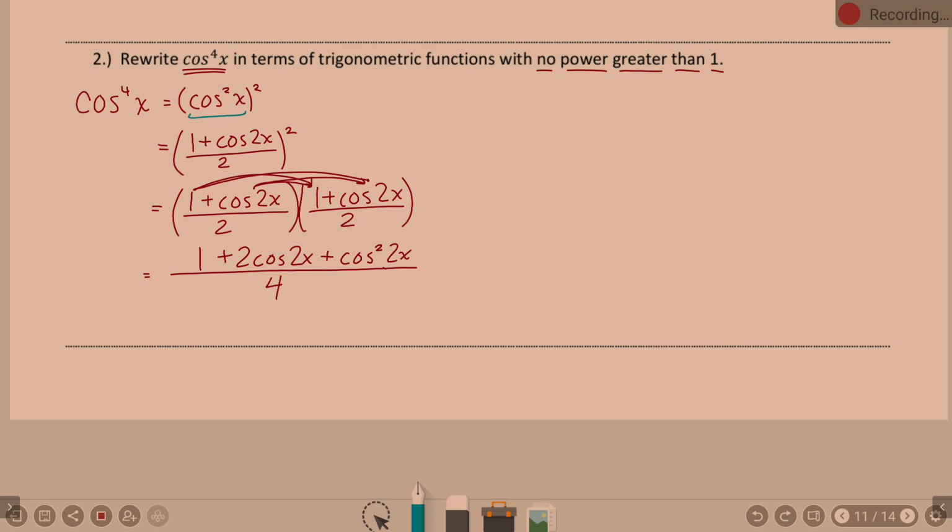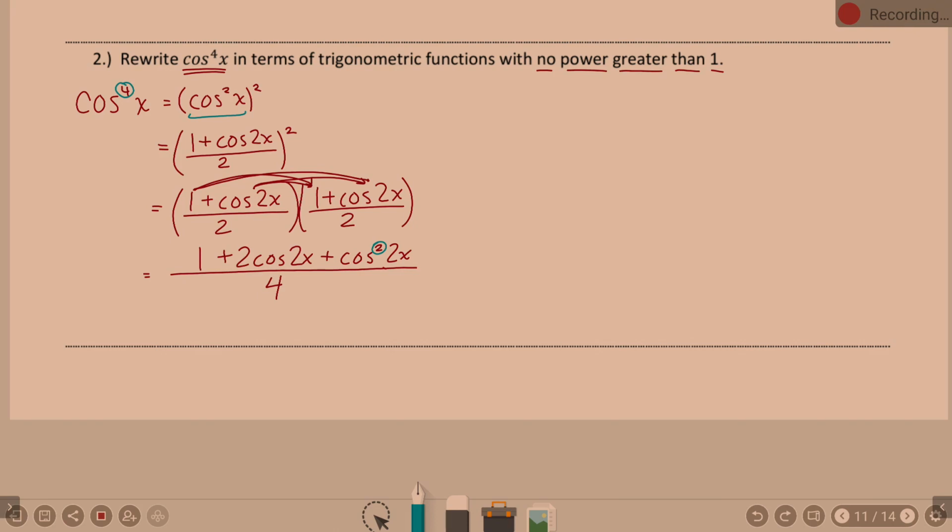Cosine squared x. Do I still have a power greater than 1? Now I've reduced it, haven't I? I went from having a cosine to the fourth to now I'm down to a cosine squared. So we're making progress, but we're not done. You rewrite it as cosine 2x times cosine 2x. Well, that's still a cosine squared though.